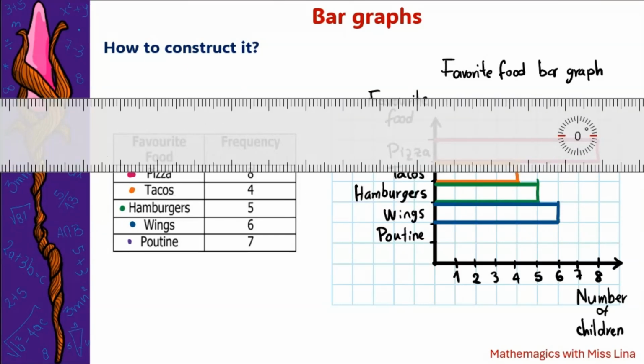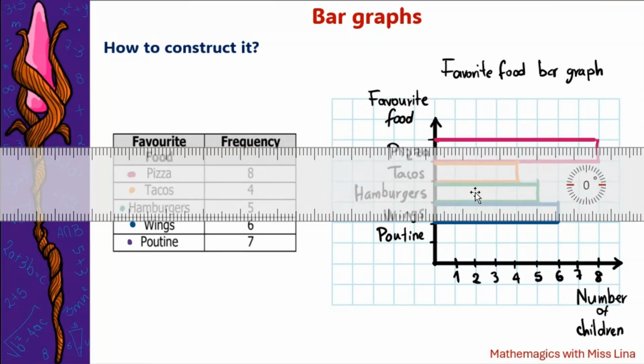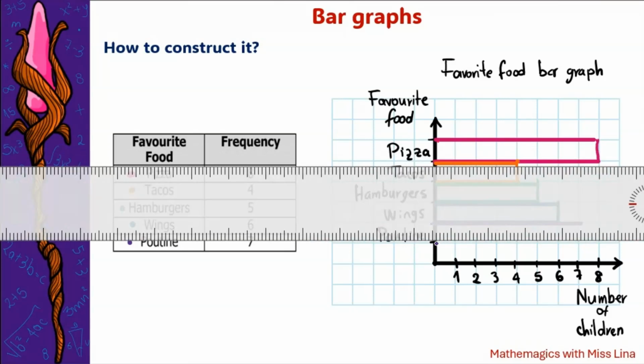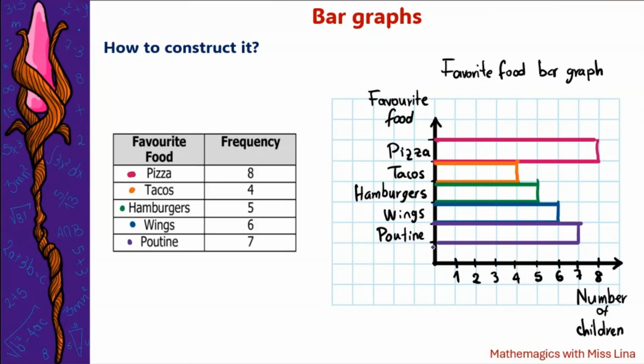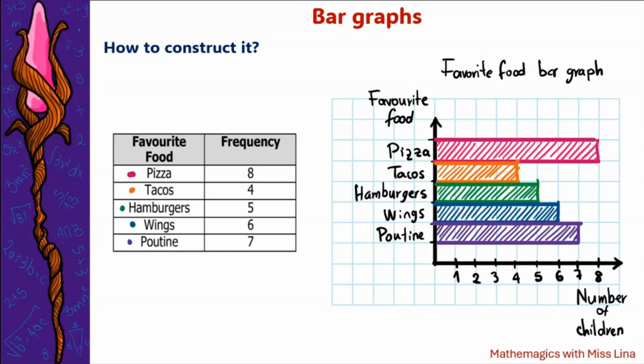And finally purple for poutine. Let's color them, it's going to look better. That's the final bar graph.